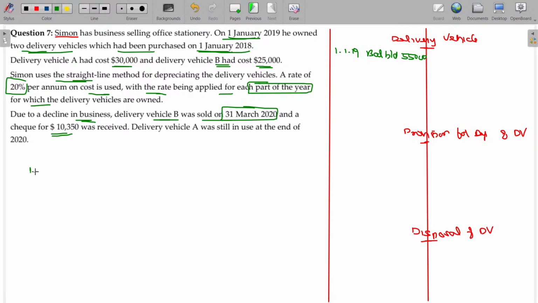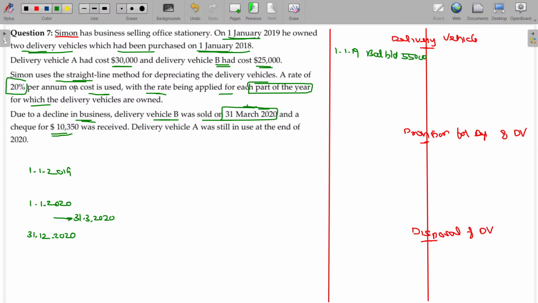We have to prepare 1st Jan 2019, 1st Jan 2020, but the sale happens on this date. So the second year ends on 31st December 2020. But the sale happens only in the second year, on 31st March 2020.